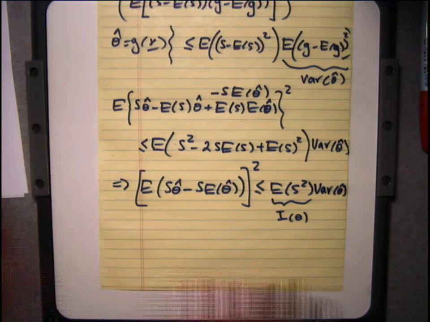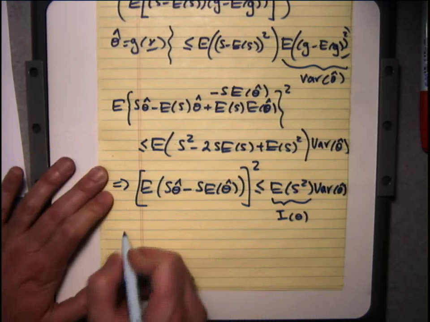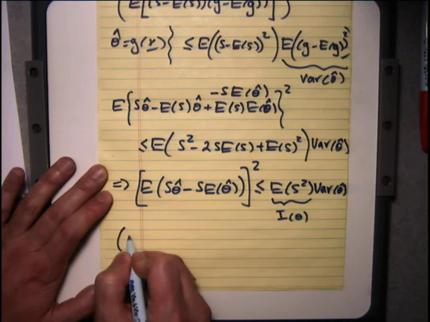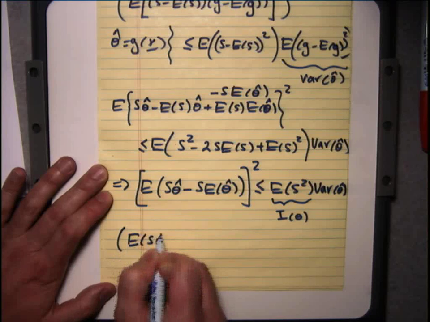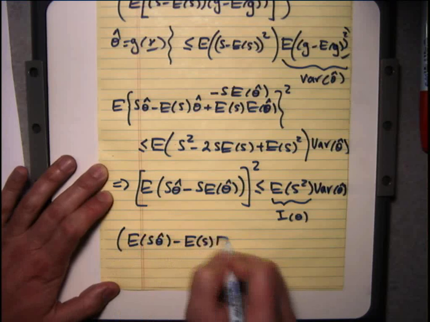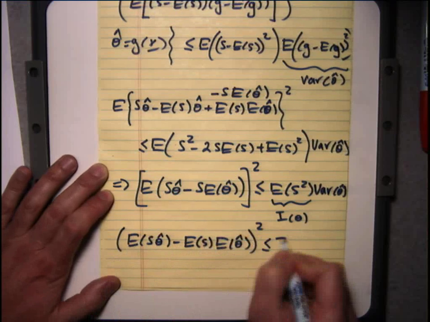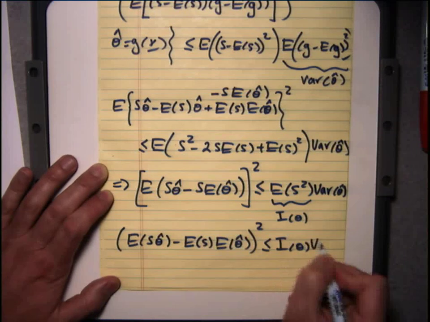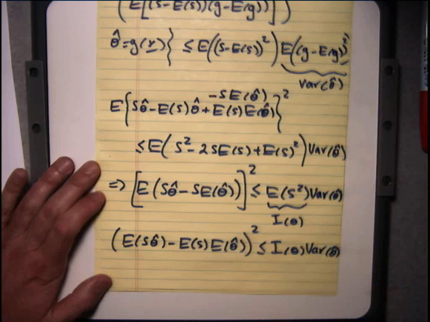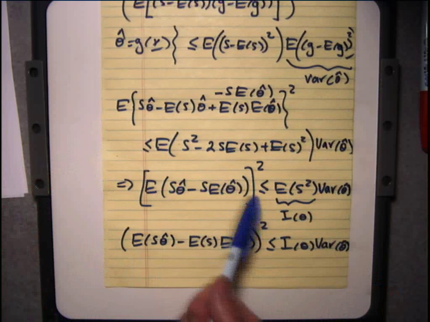Okay, and then the next steps are just further simplifications of all of these things. So let's see. This becomes expected value of s theta hat minus expected value of s expected value of theta hat, the whole thing squared, less than or equal to I of theta times the variance of theta hat. Now, this is simply the expected value spread across these two terms.